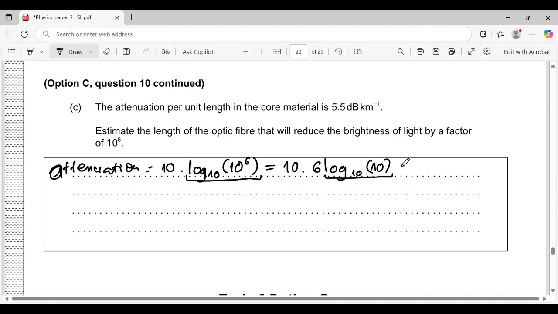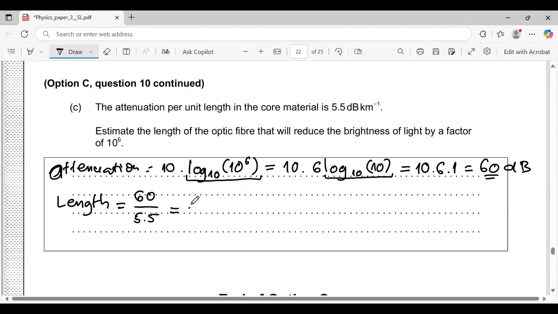Log 10 of 10 equals 1. So the calculation becomes 10 times 6 times 1 equals 60. So attenuation equals 60 decibels, the unit. And we're going to find length. Length equals 60 attenuation over this one of 5.5.